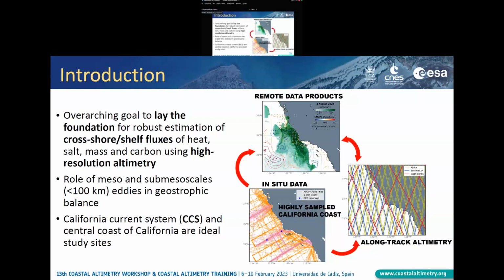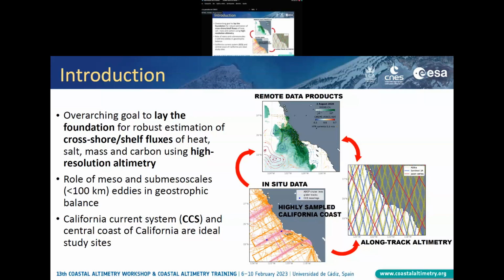The underlying idea is that in most coastal settings, there is a large role played by eddies, meso and sub-mesoscale eddies, which I loosely call sub-mesoscale here, anything that's basically less than 100 kilometer wavelength. They're geostrophic, and I think it's possible to do this from altimetry.